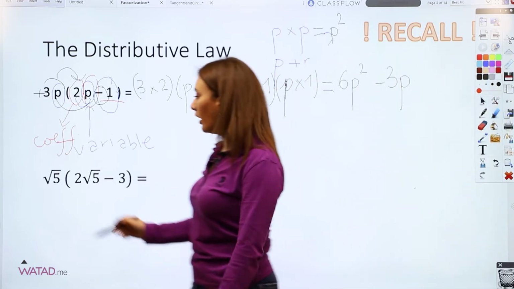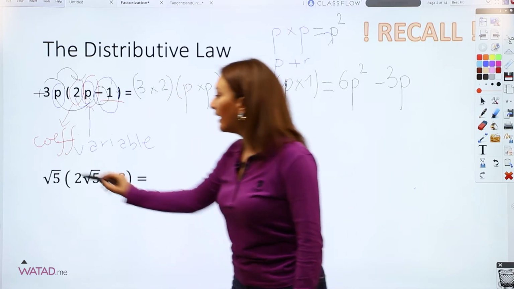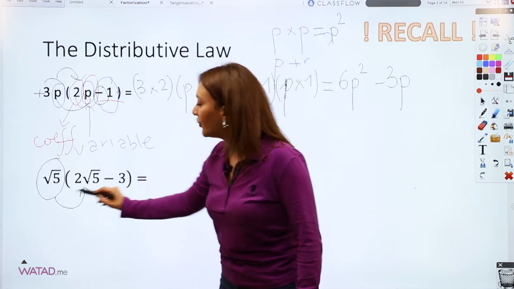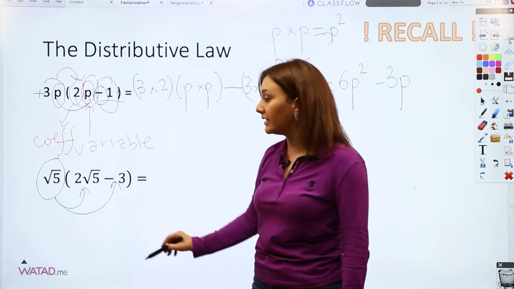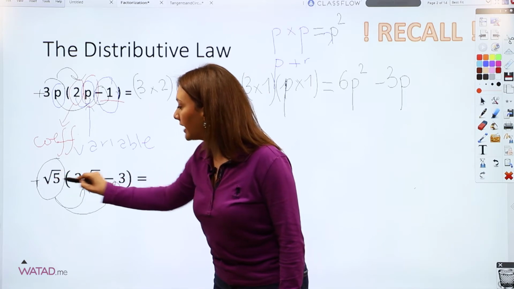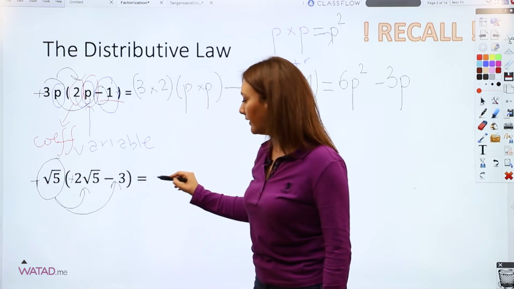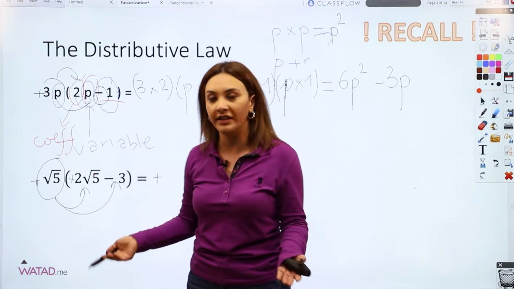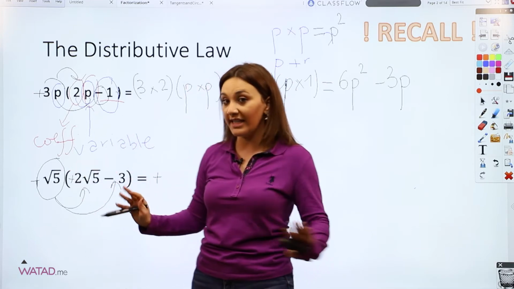Let's try another one with square roots. The number outside should be multiplied by each term inside the parentheses, respecting, of course, the table of signs. So plus times plus is plus. What is my variable here? I do not have any variables. The square root of 5 is an irrational number.